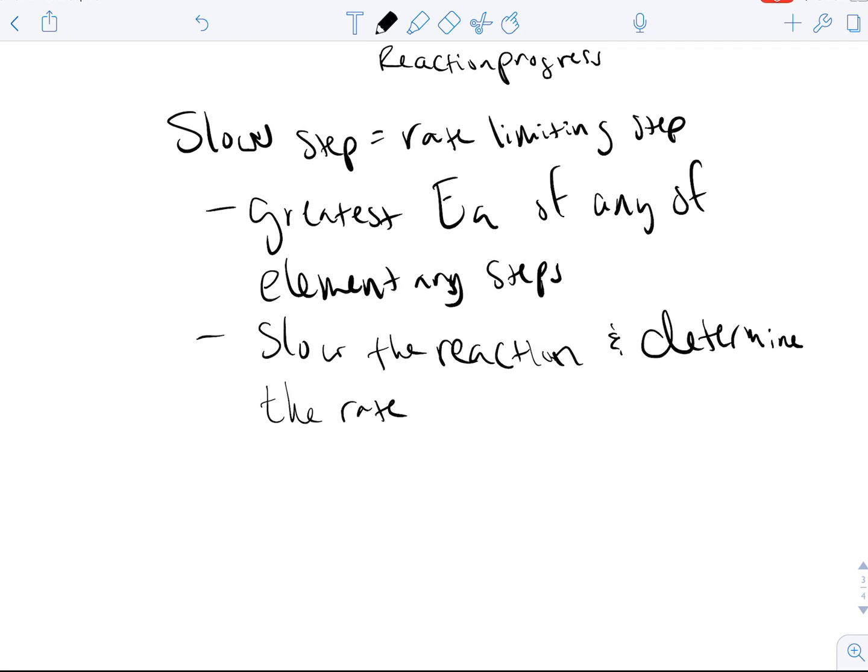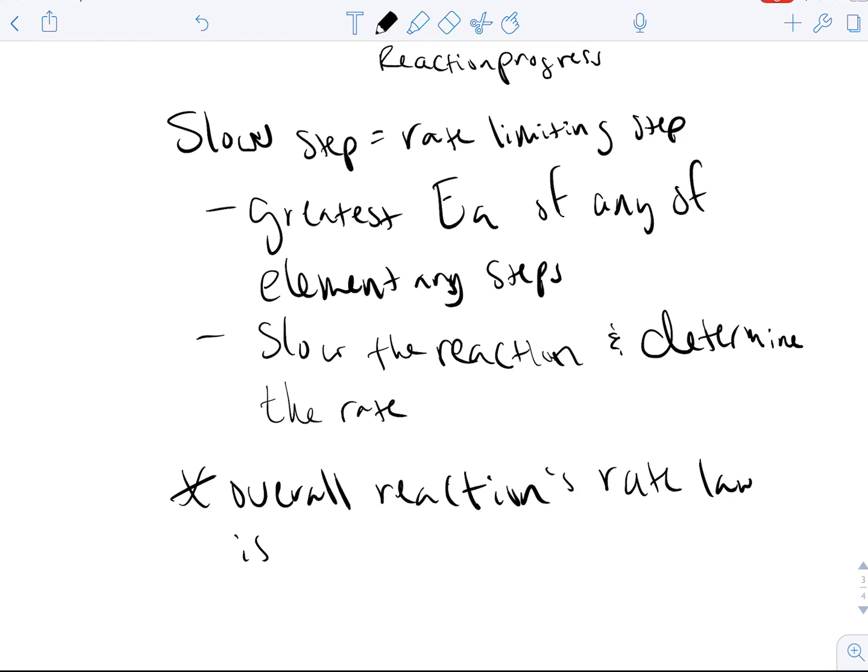So our overall reaction's rate law is based on the slow step's molecularity.